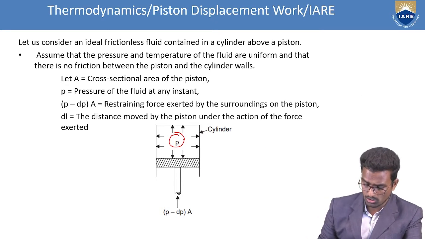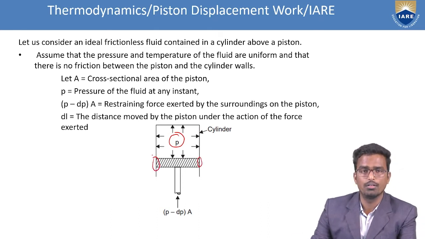Assume there is a piston cylinder with an ideal gas inside and no friction between the piston and cylinder walls.